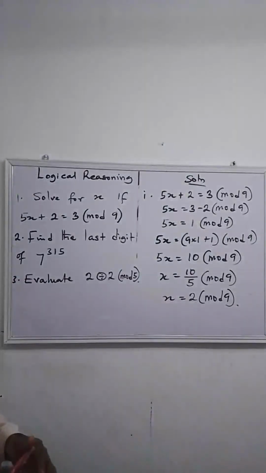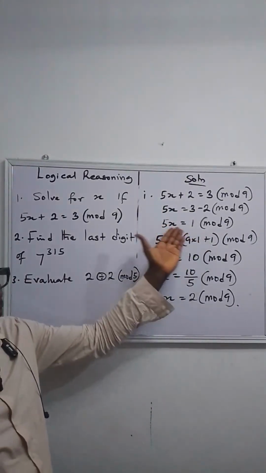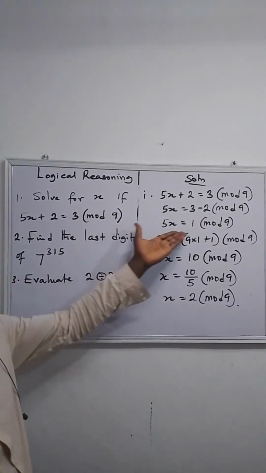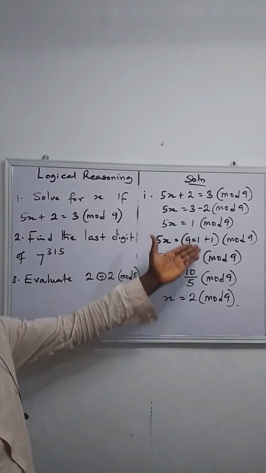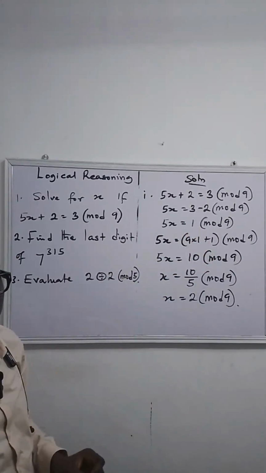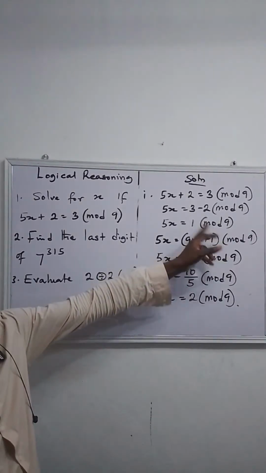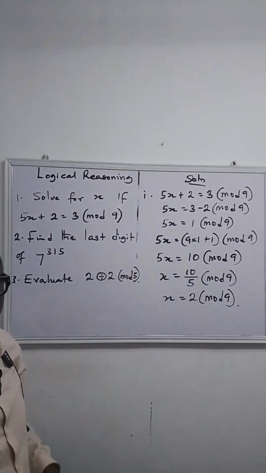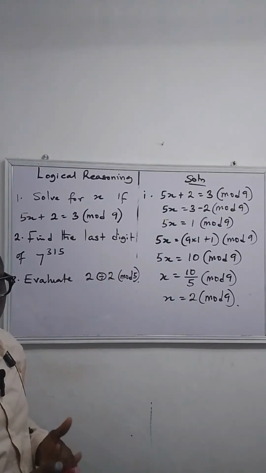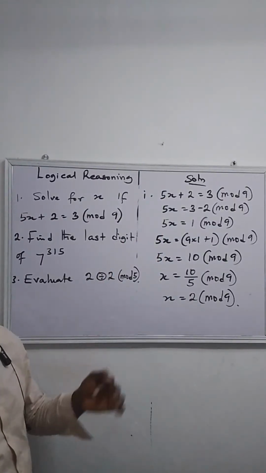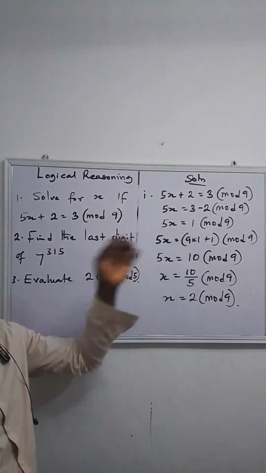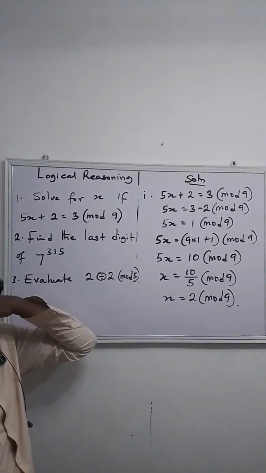But before you leave, you can cross-check if you can have another answer that will satisfy this equation. So you begin to add multiples of 9 to 1. If you add 2 nines to 1, that is 19, which is not divisible by 5. If you have 3 nines, that is 27, plus 1 is 28, not divisible.